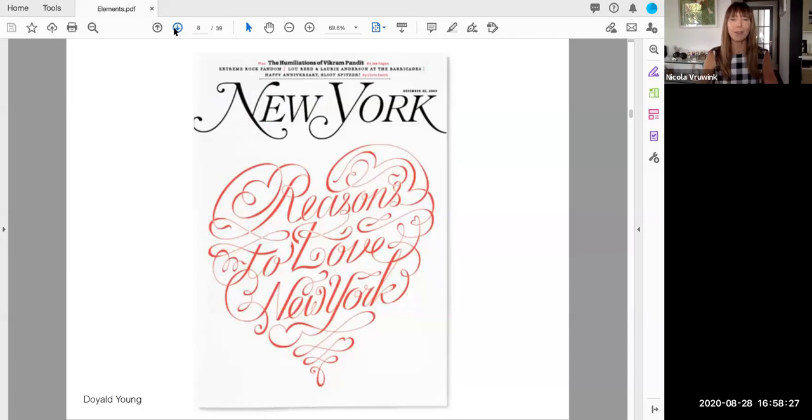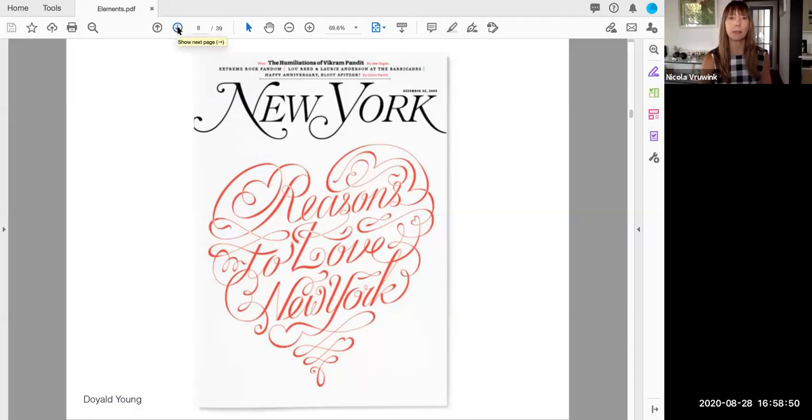In contrast, we have this beautiful, curvy, sexy, elegant design by Doyle Young, who makes these wonderful typefaces, these cursive typefaces. So you've got all these curves, all this organic and almost calligraphic lettering here that says reasons to love New York. And it's even in the shape of a heart.